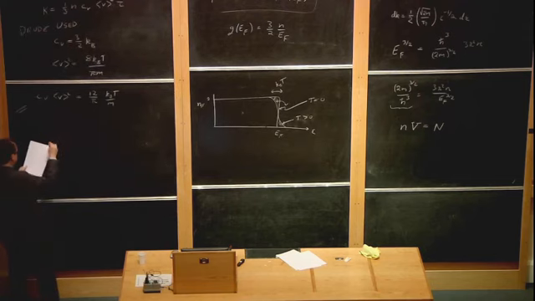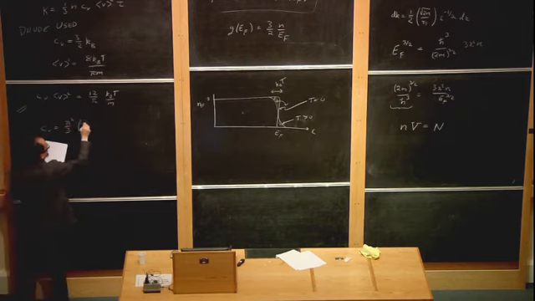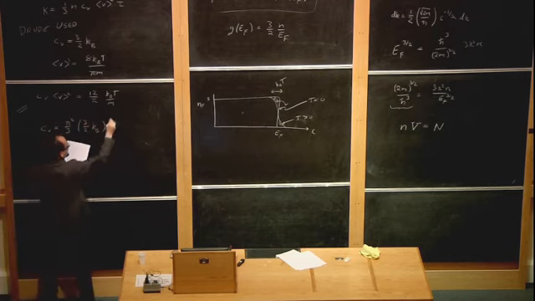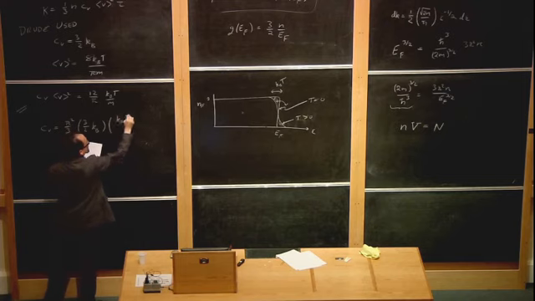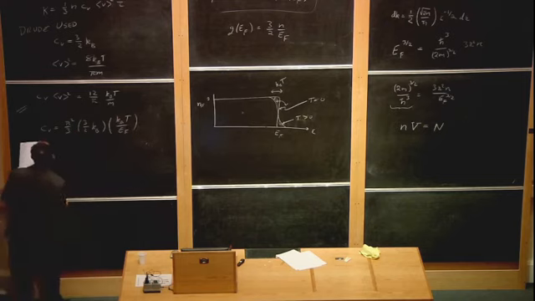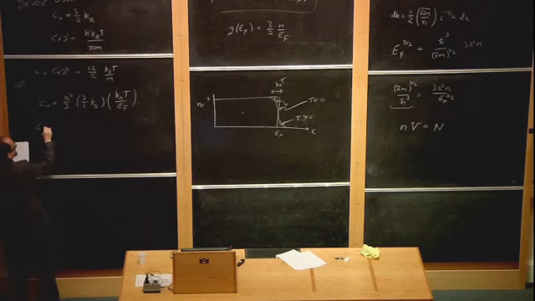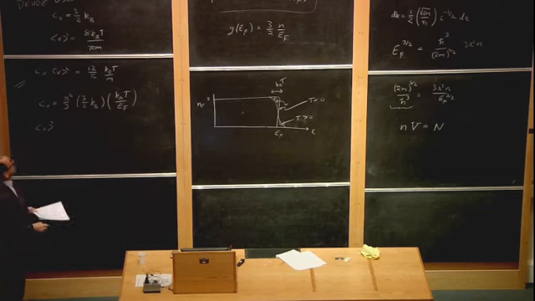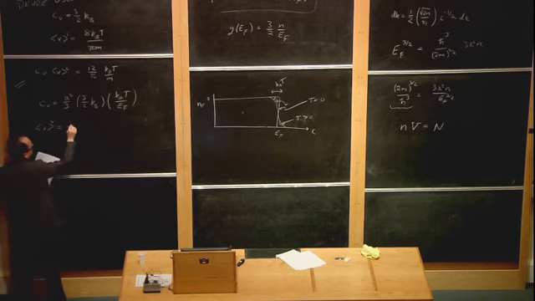So let's use the right results. His result was C_V is pi squared over 3 times 3/2 k_B, the classical result, times k_B T over E_F. And v squared is not given by the classical kinetic theory result, but should instead be given by v_F squared, the Fermi velocity squared.